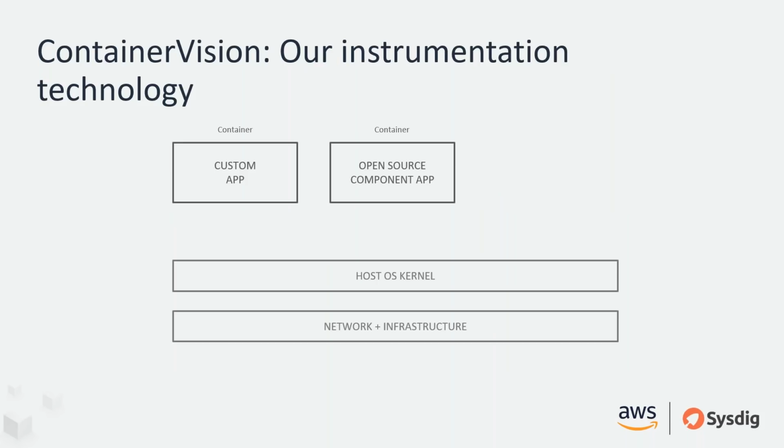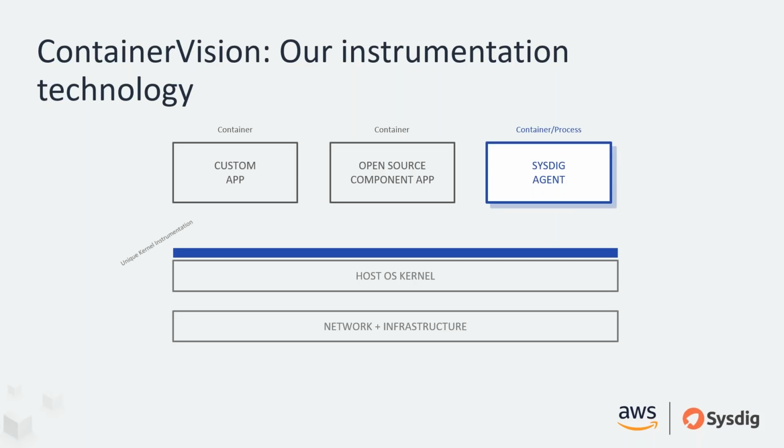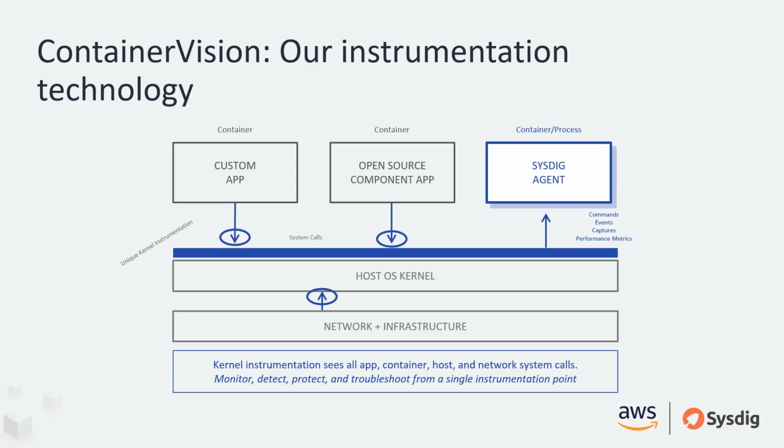And then service vision, where we're going to pull all the APIs from Amazon, Docker, Kubernetes, OpenShift to enrich all the data that we collect from your hosts with that metadata from those services. And that's all sent to a backend, which you can use as a SaaS service that we'd host, or host it on-premise behind your own firewall as well. And from that single instrumentation point and single backend, we're going to give you security, monitoring, and deep troubleshooting and introspection capabilities as well.